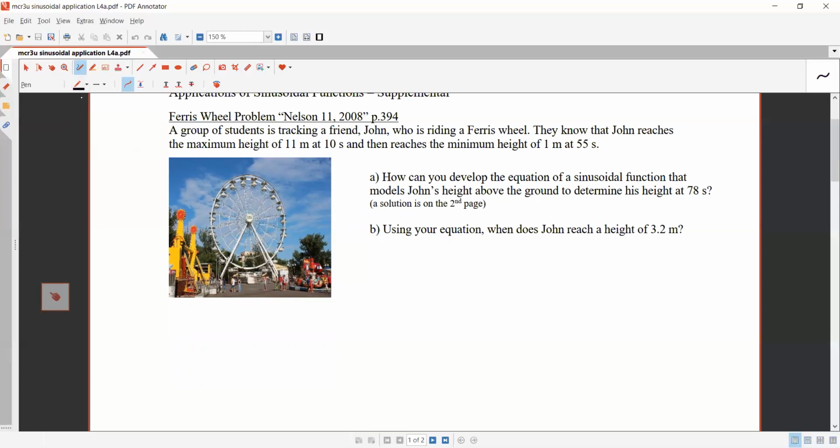We have two forms: y equals A sine B(x minus C) plus D, using capital letters, or y equals A cosine B(x minus C) plus D. A sketch would be helpful to find out what's going on.